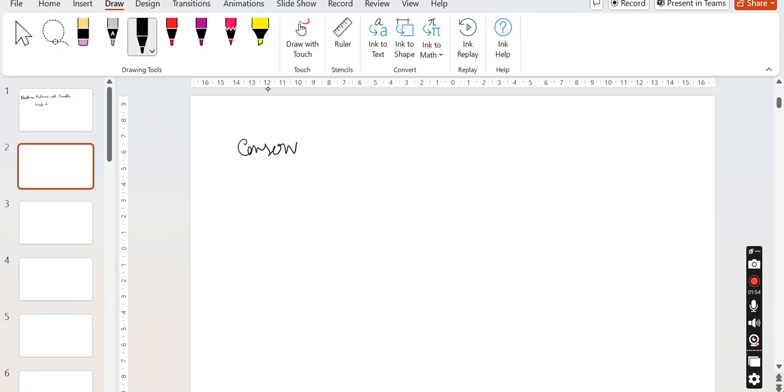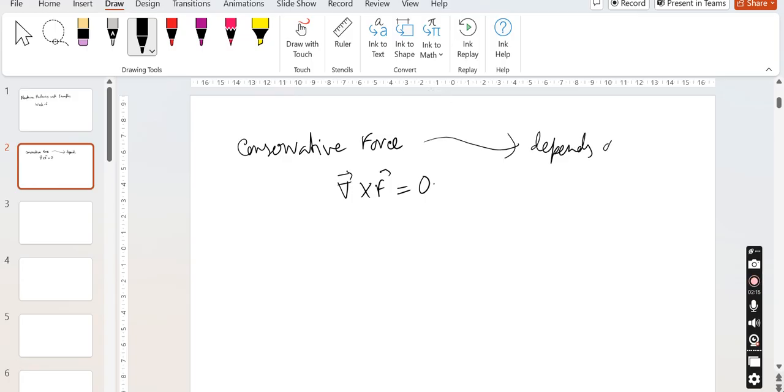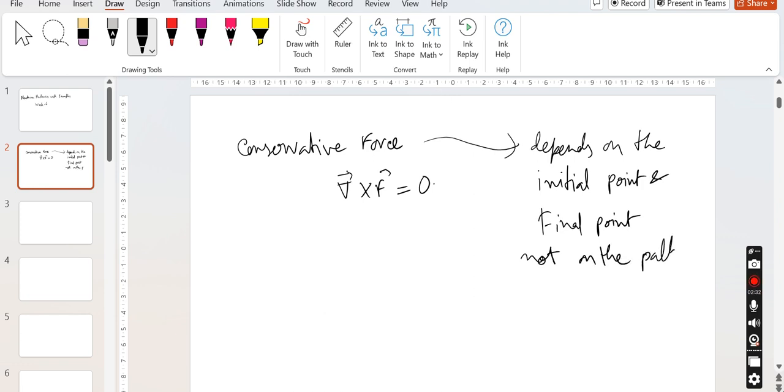So for a conservative force, the curl of F becomes 0. Conservative force means that it depends only on the initial point and final point, not on the path.